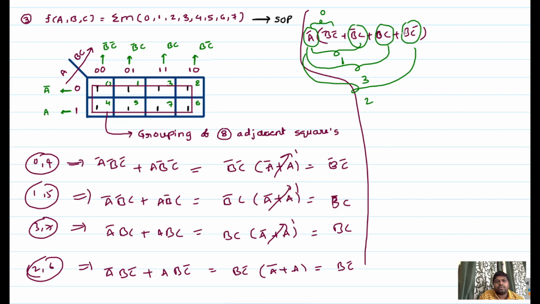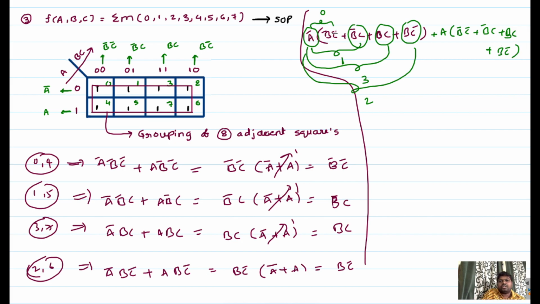If I take the next row, I am taking a into, same as usual, b bar c bar plus b bar c plus bc plus bc bar.